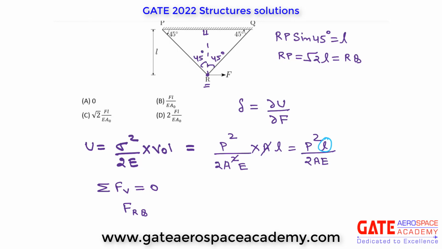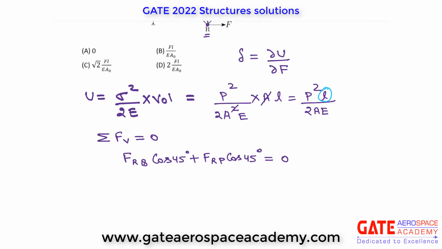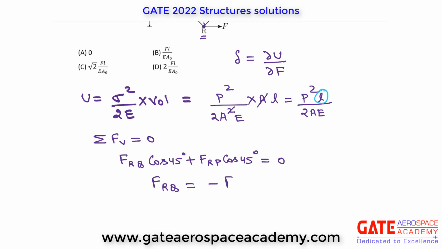So FRQ into cos 45 plus FRP cos 45 is equal to 0, because there is no force in the vertical direction here. So from here we got FRQ is equal to minus FRP.